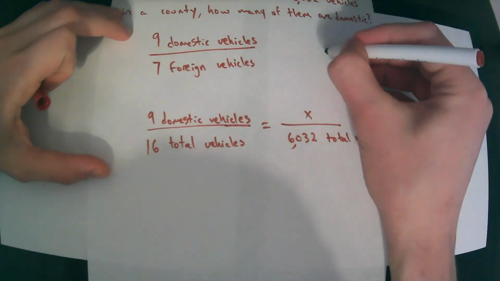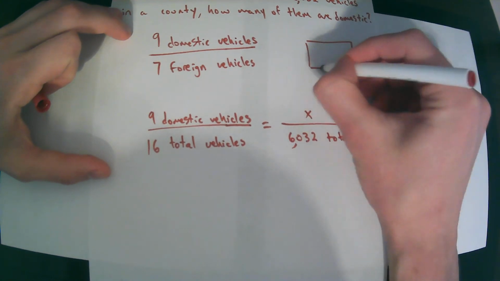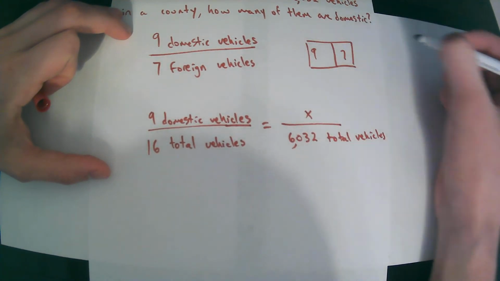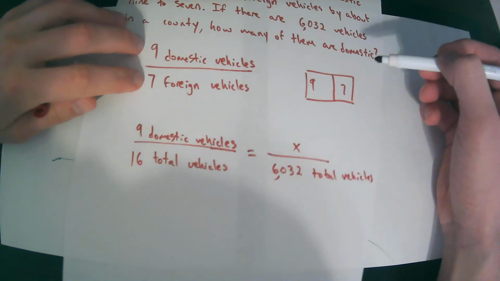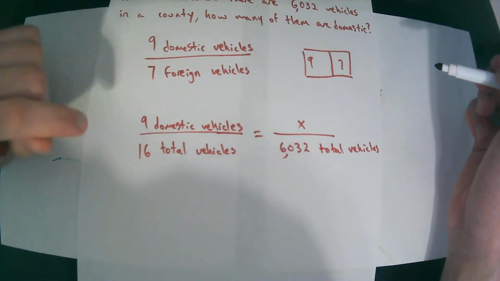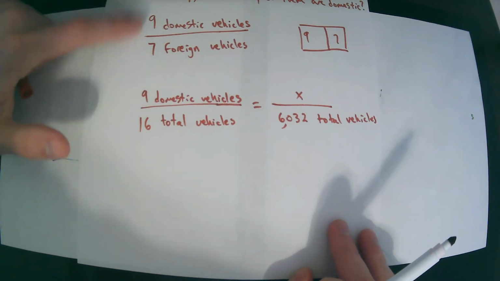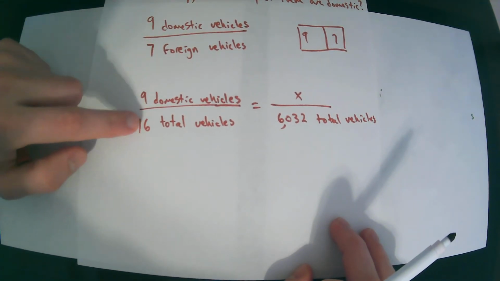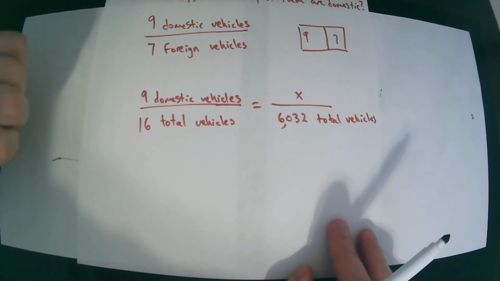So if I'm looking at a rectangle of all the vehicles, there are 9 domestic over here and 7 over here, then what's the total in this ratio? Altogether it's 16, right? So I've forced a new ratio out of this just by adding these two together and making it 9 domestic per 16 total.